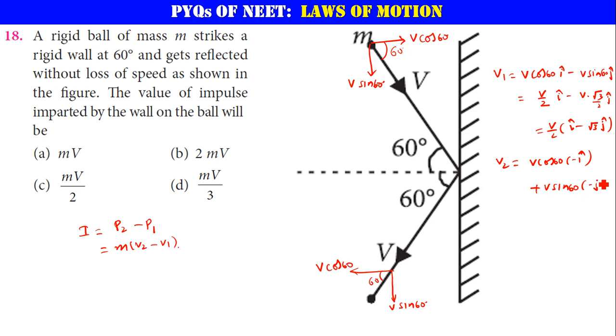It is also along the negative axis, which is y axis. Okay, negative y axis, minus j. So now let us try to find m(v2 minus v1). So cos 60 is what now? 1 by 2. Sin 60 root 3 by 2. Let me take v by 2 common. That is going to be minus I cap, sin 60 minus root 3 j cap.